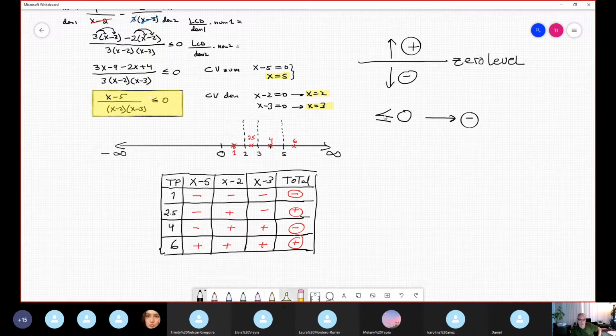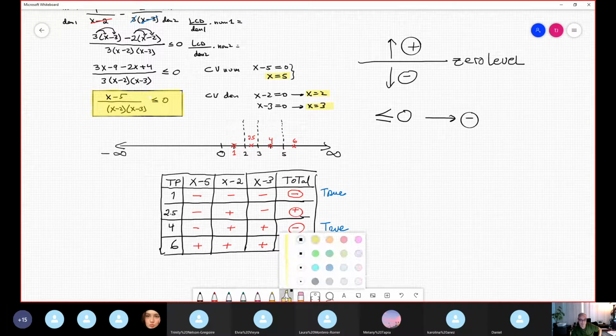Therefore, I indicate the true guy, the testing point that passes the test. It's obvious that this is true. So the negative is true. This is no, this is yes. True. Because my solution is the interval that passes the test.